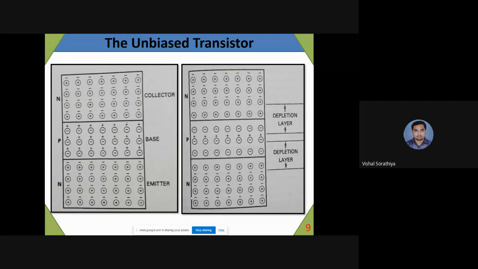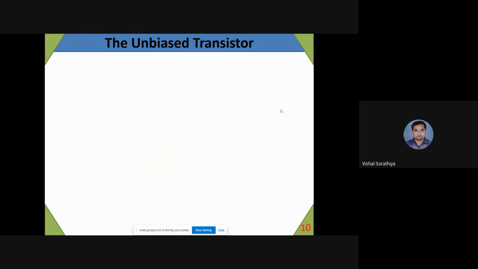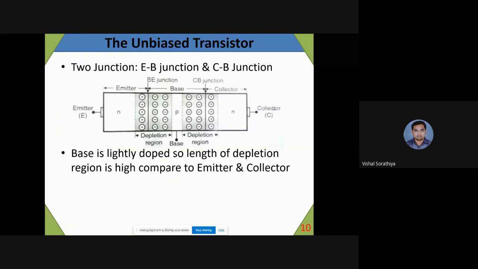In the last lecture, I think you went through the transistor basics, like the NPN and PNP types of transistor, how a transistor is formed, how it is articulated, what the areas are, and how the depletion layer is created. I think you have seen all this in the last lecture. We need to start from this particular diagram, when we have not applied anything to our transistor.